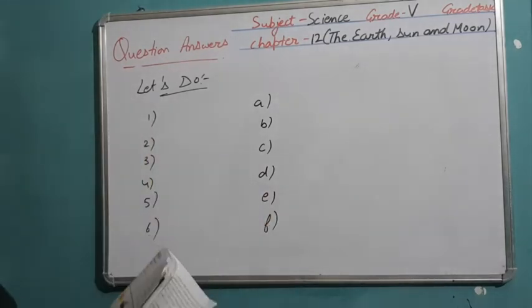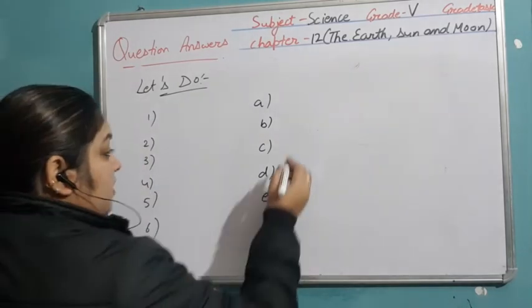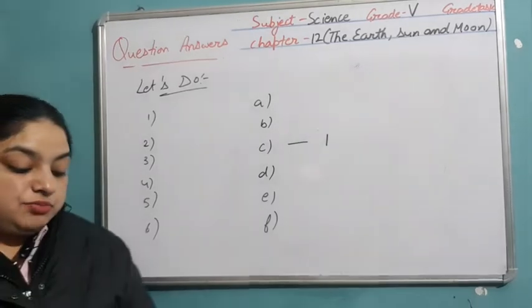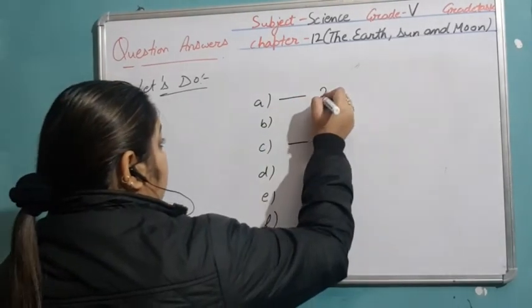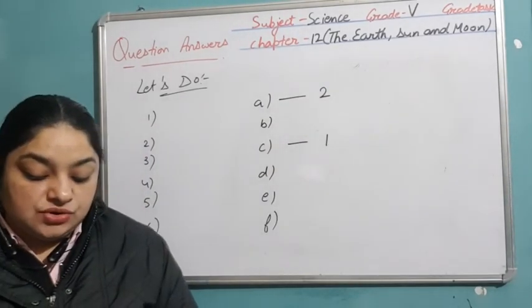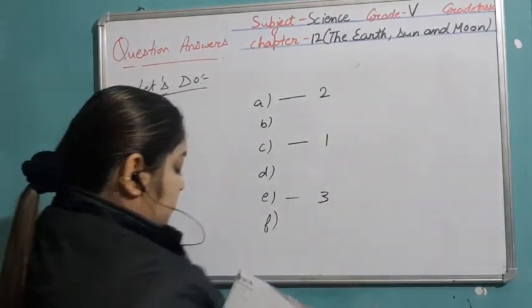First of all, Aryabhata. It is India's first satellite. So in front of C, write 1. Second is Sputnik. It is the first satellite. So in front of A, write 2. Third is Neil Armstrong, first man to step on the moon. So in front of E, you will write 3.